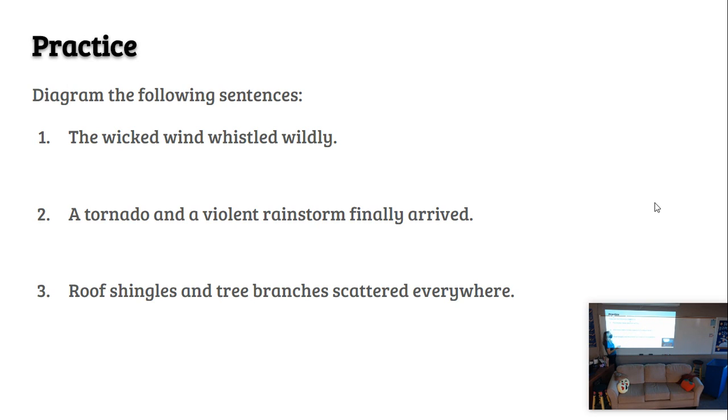Santi, I need you to tell me, what is the and wicked doing? Yeah, they're describing wind, so we're going to draw arrows under wind. And then Malachi, how about wildly? It's describing whistle, right? It's telling us how it whistled. Well, it whistled wildly. Nice.